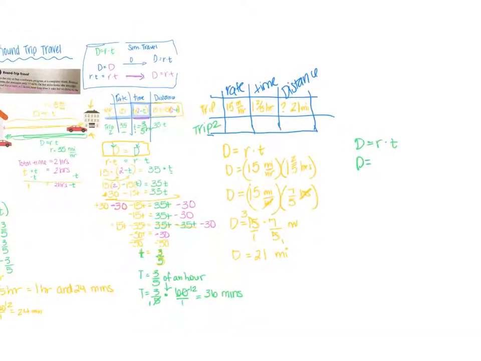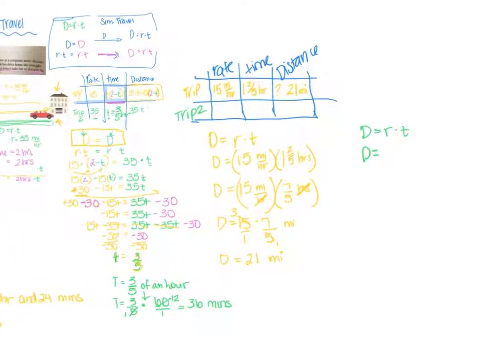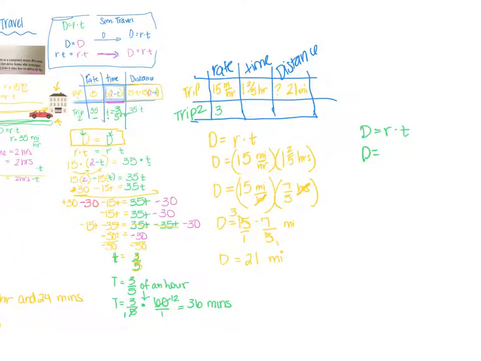My rate, according to my first chart, was 35, and this is miles per hour. And my time was 3/5 of an hour, a little bit over half an hour. So let's find my distance. My rate is 35, and I'm going to multiply it by 3/5, and distance is 21, again in miles.